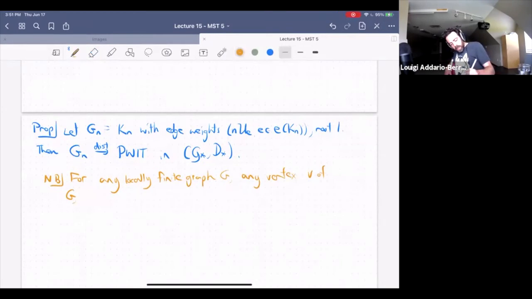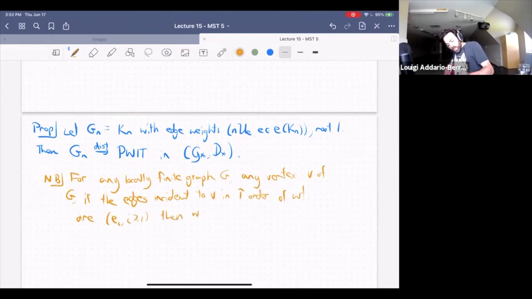So if the edges incident to V, in increasing order of weight, are e_i, i at least 1, then the weight of e_i tends to infinity as i tends to infinity.